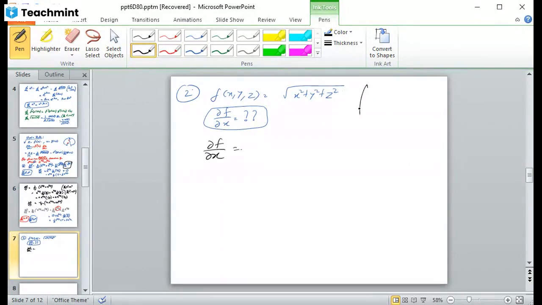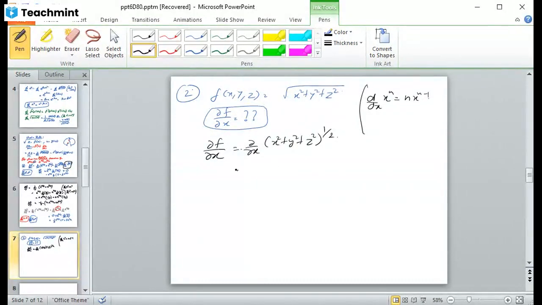So here we use firstly the derivative of x power n. Whenever we have a power, firstly we need to apply the power rule, and the power rule is n times x power n minus 1. So it means ∂/∂x of (x square plus y square plus z square) raised to the power 1 by 2.